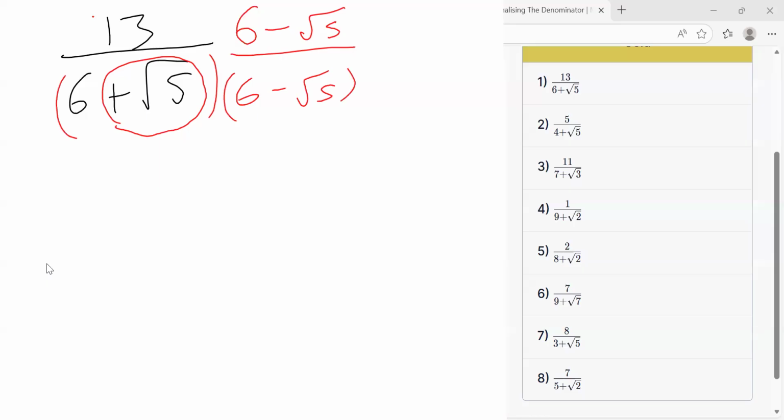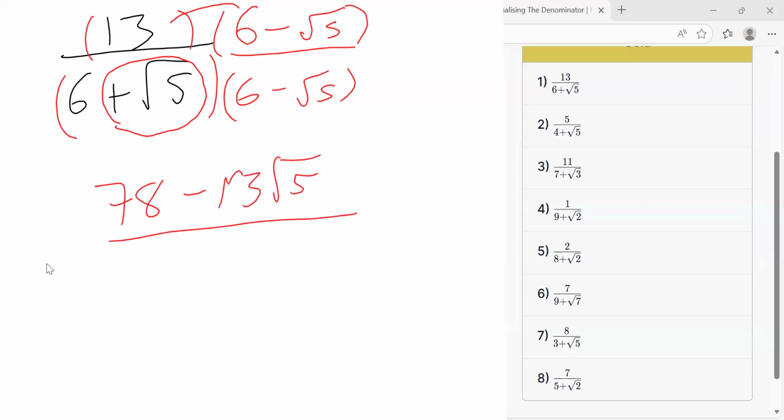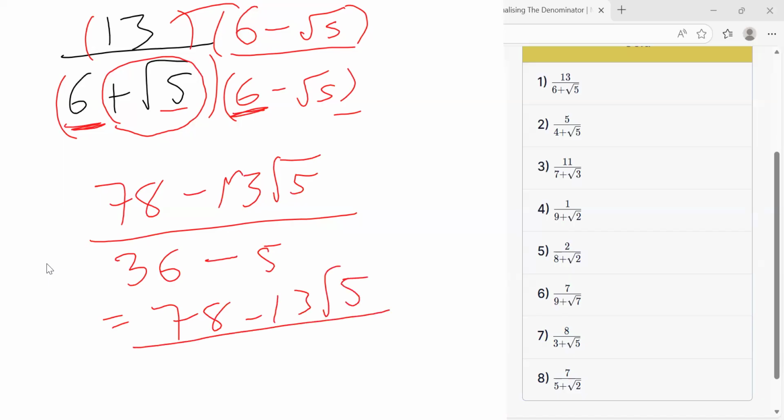Okay, and now I expand these. So I'm going to have 13 times 6 is 78, take away 13 root 5 all over. And then all I need to do is remember 6 times 6 is 36, and then I can do minus root 5 times root 5, which is just 5. And so this simplifies to 78 take away 13 root 5 all over 36 take away 5, which equals 31.